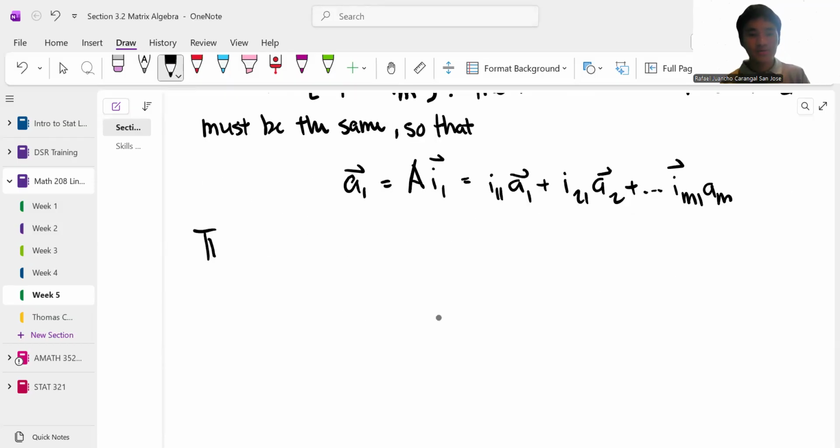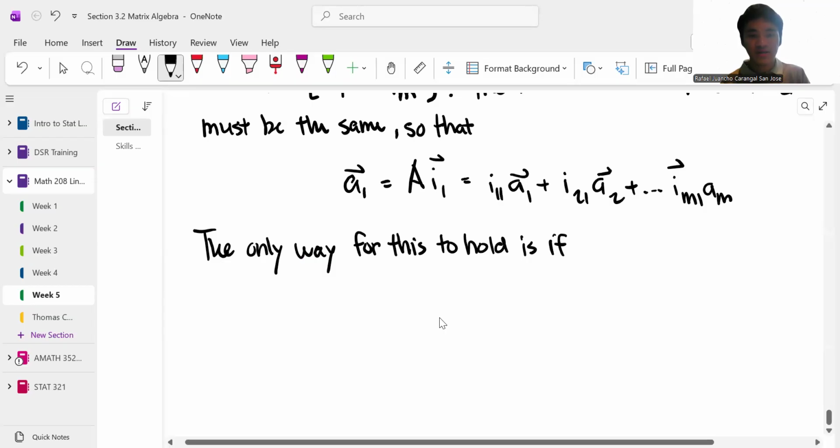Okay, so the only way for this to hold is if, let's say, I1 is 1, and then we have zeros here.